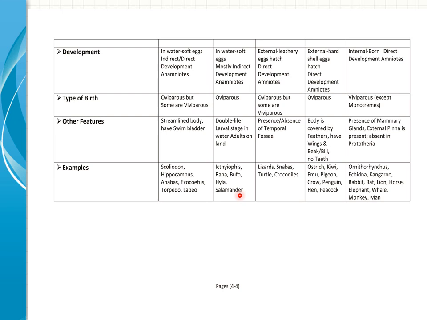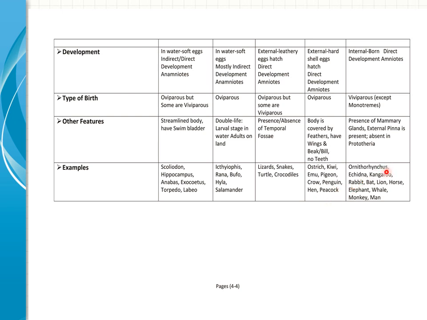This is Urodela, which has a tail. In class Reptilia, we have 4 different types of organisms: lizards, snakes, turtles, and crocodiles. In birds, flightless birds include ostrich, kiwi, emu, and examples of flying birds are pigeon, crow, penguin, hen, and peacock, etc.